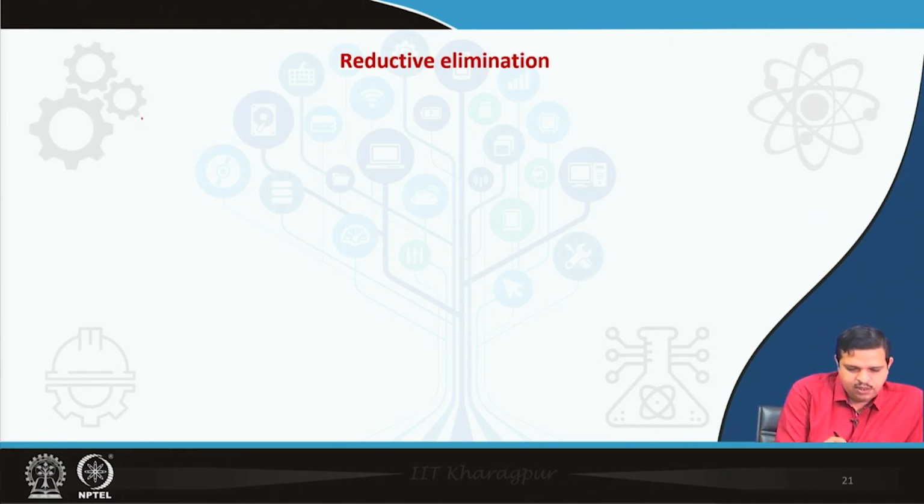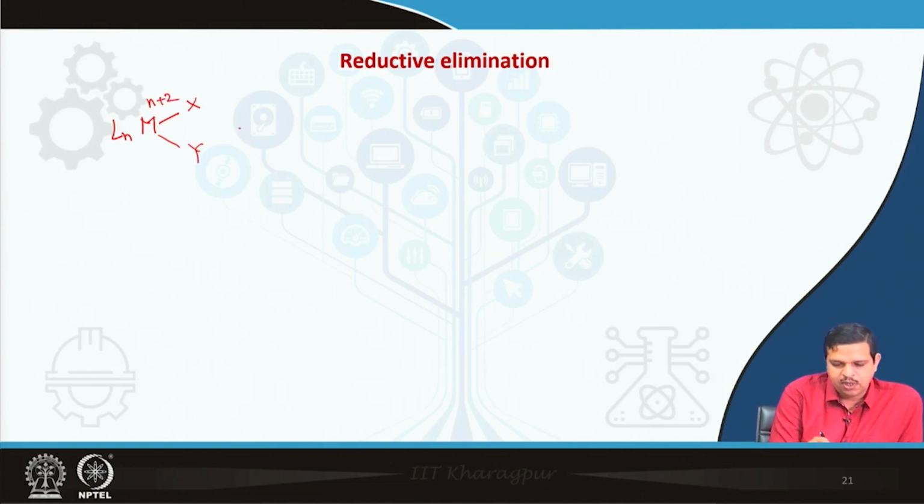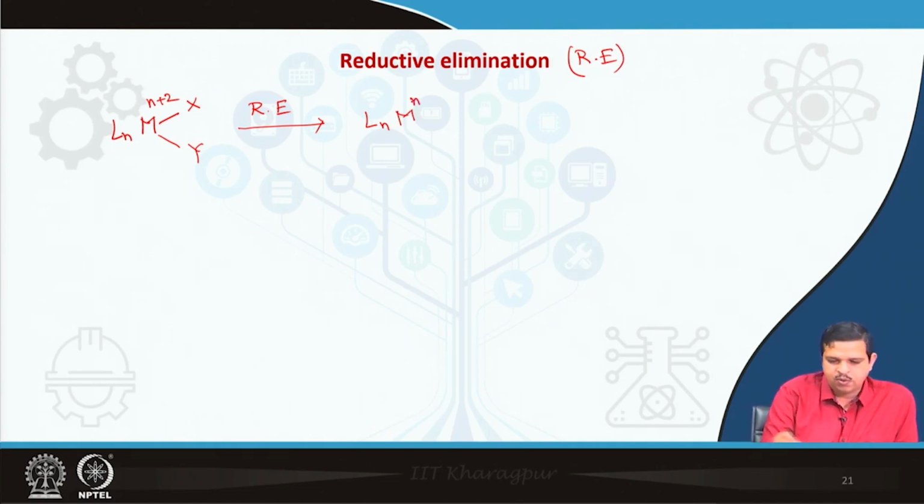Suppose I have a metal center with X, Y, and here is my oxidation state, let us say N+2, and there is a reductive elimination, RE I am writing as the short form. What will happen? You are getting this with oxidation state N, and you are getting your X-Y.